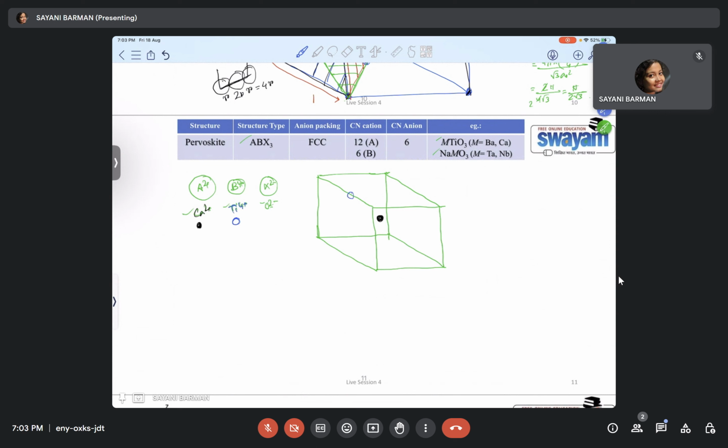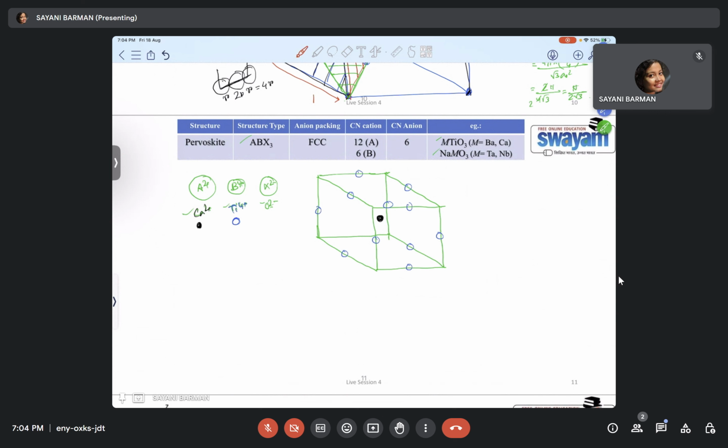There are how many edges? There are 1, 2, 3, 4, 5, 6, 7, 8, 9, 10, 11, 12 edge centers. So there are 12 Ti4 plus cations. And the anions will stay where?